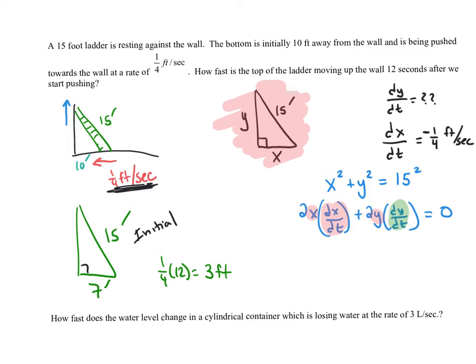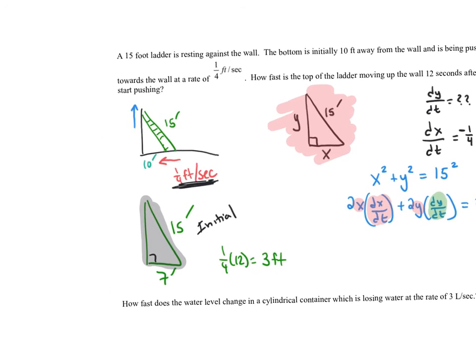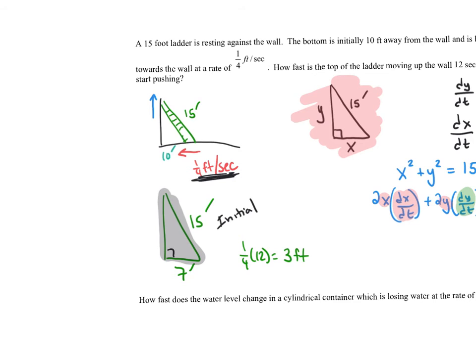We can find y because if you look over here at this right triangle, we know two sides of that right triangle. We know one side is 15 and one side is 7. So if I want to find the other side, I'll simply do 7 squared plus y squared equals 15 squared. That's going to help me find how far the ladder is up at this moment.